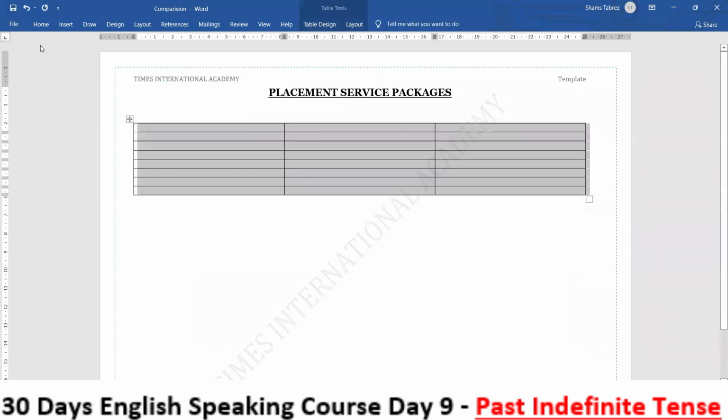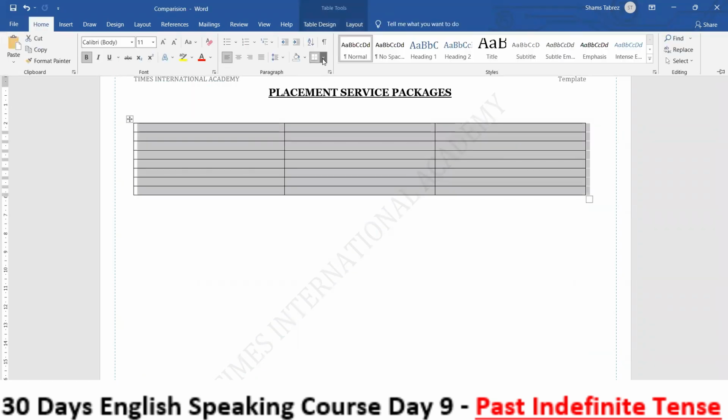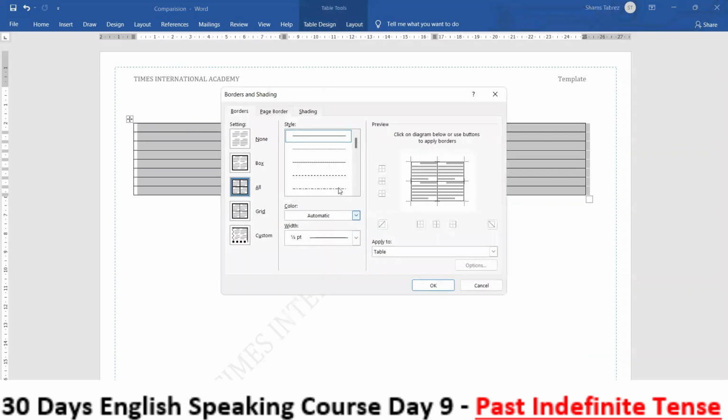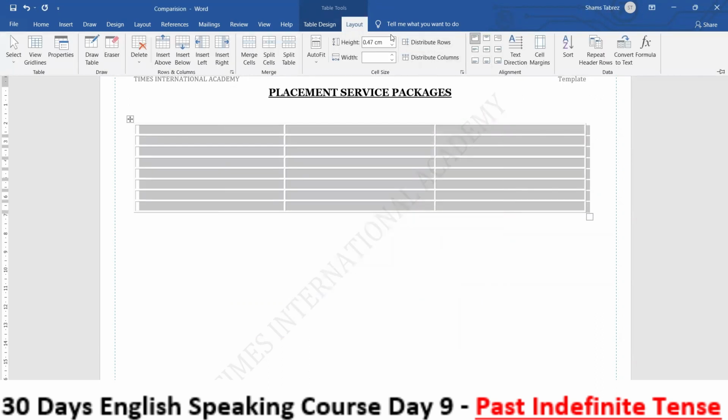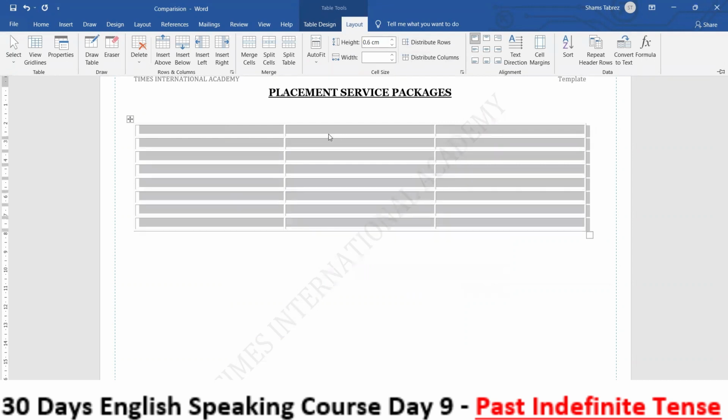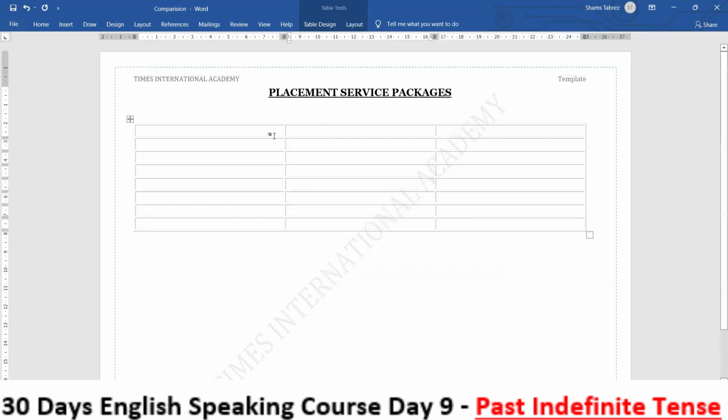All right, let me just format this table so that it looks good, and I will also increase the height of each row. Okay, so here we will have present indefinite tense, and it is affirmative.